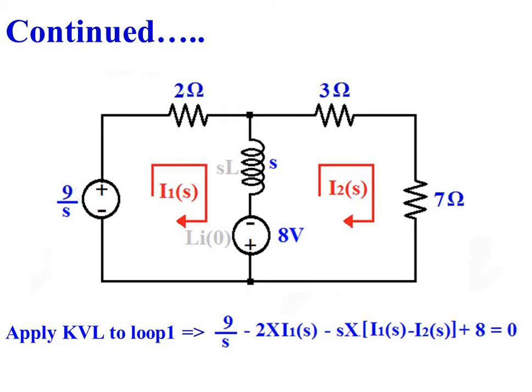Apply KVL to loop 1. We will get 9 by S minus 2 into I1 of S minus S into I1 of S minus I2 of S plus 8 is equal to 0.